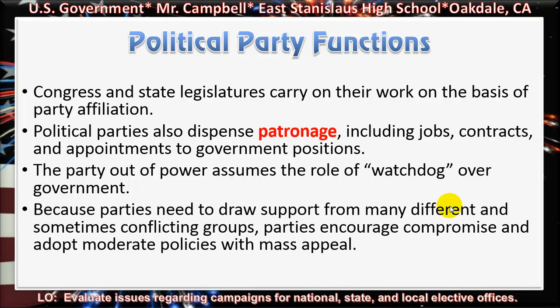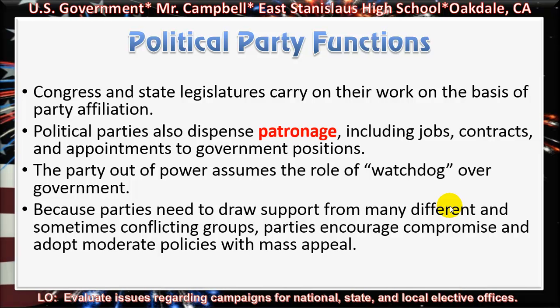Because parties need to draw support from many different and sometimes conflicting groups, parties encourage compromise and adopt moderate positions with mass appeal, at least speaking in pretty general terms. I mean, the two major parties, that's the case. Even though it seems like they're polar opposites, they're really not.